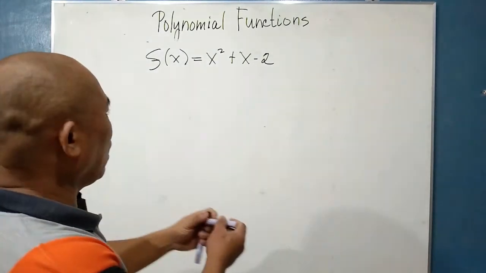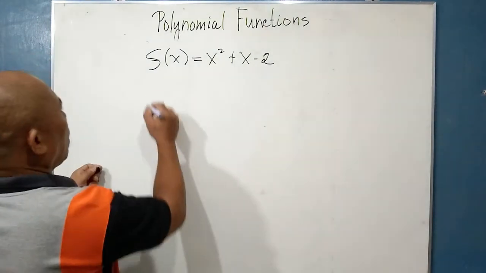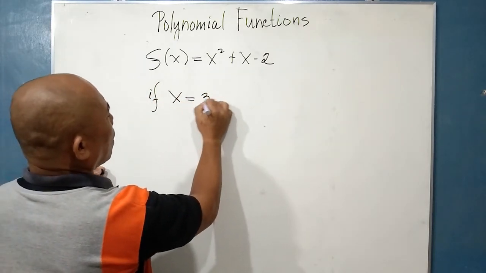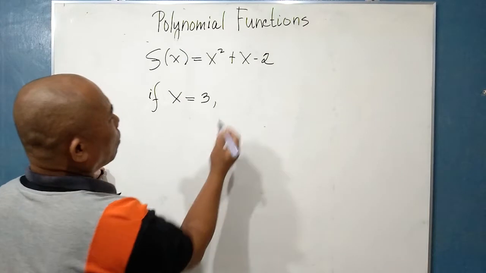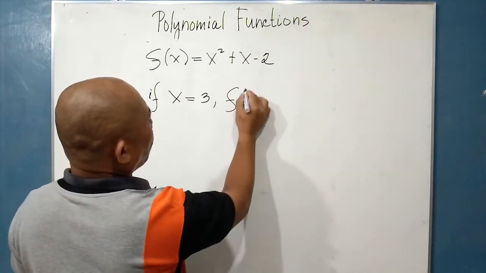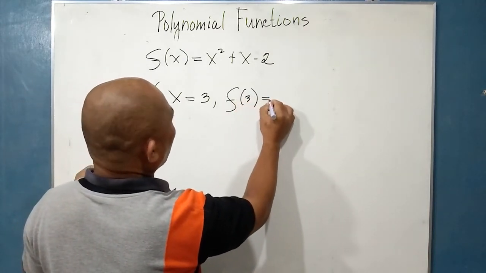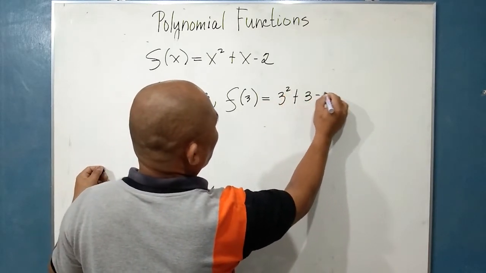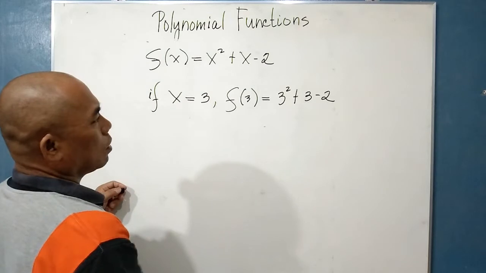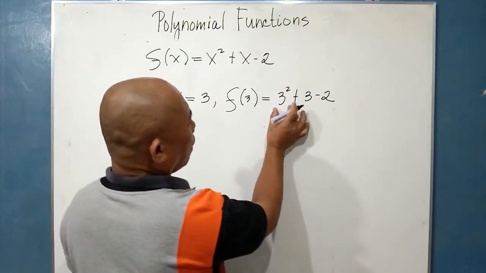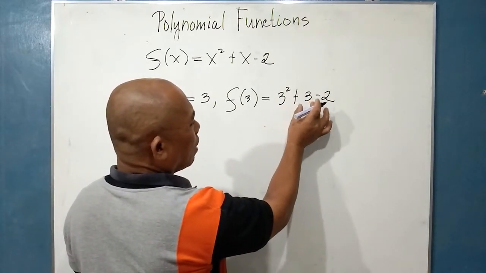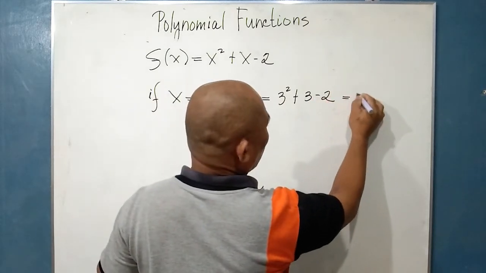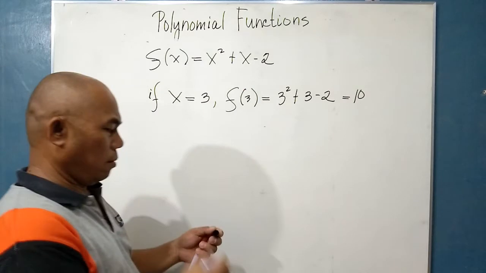For example, kini. If x equals 3. So, sa may mahitabo na atay, f of 3 equals 3 squared plus 3 minus 2. In which you will get 3 squared is 9 plus 3, 12 minus 2, that is equal to 10.